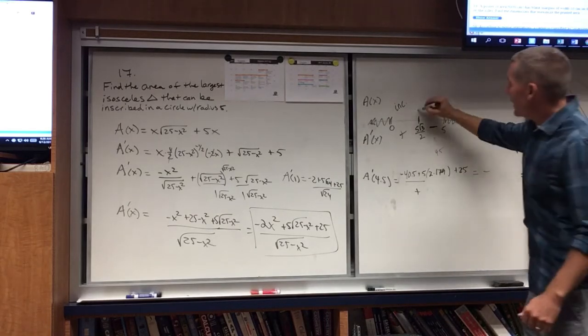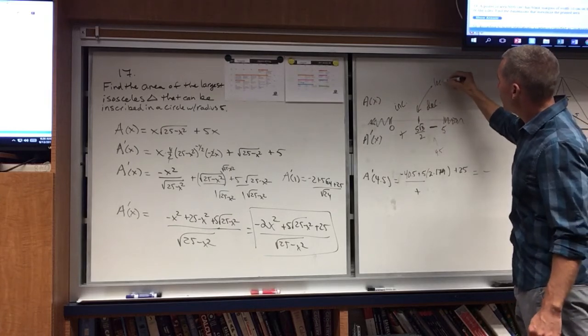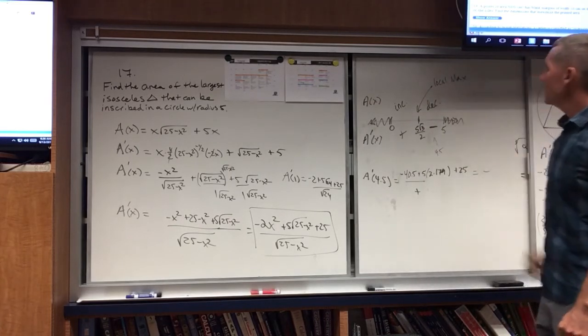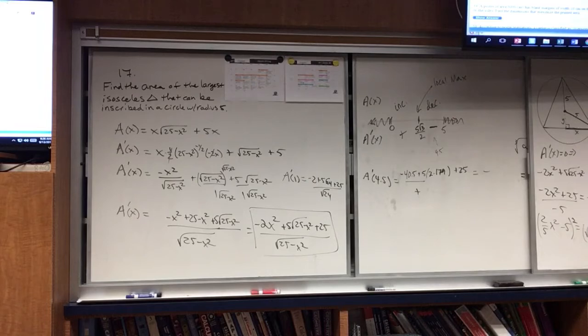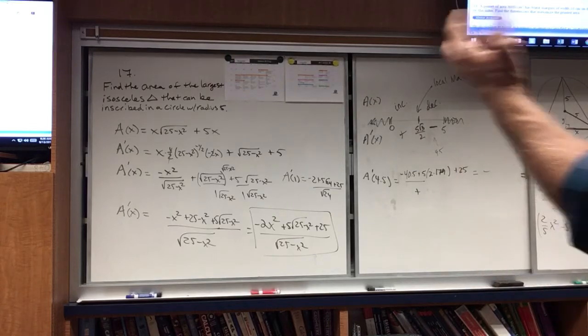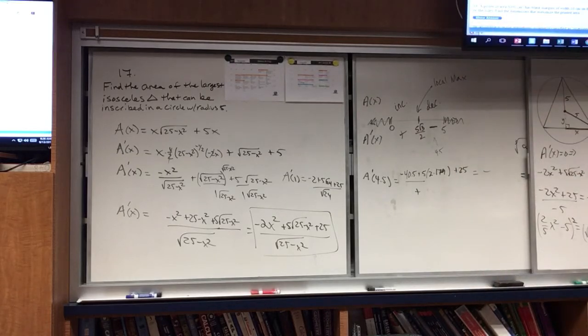Okay, so if a prime is negative on this interval, that means that the area function is decreasing there. And that indicates that I have a local max there at 5 root 3 over 2. So now, the question tells us to find the area. It doesn't say what x value, right? It says find the area.